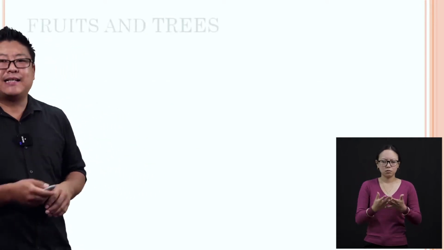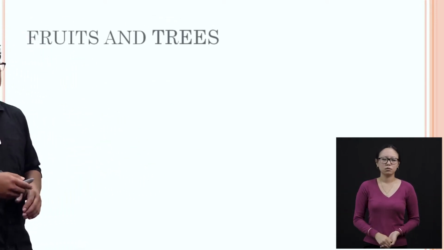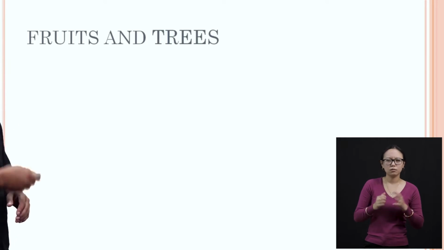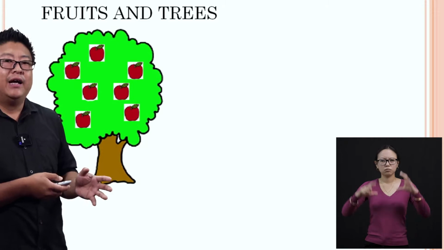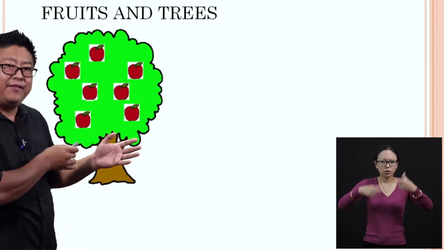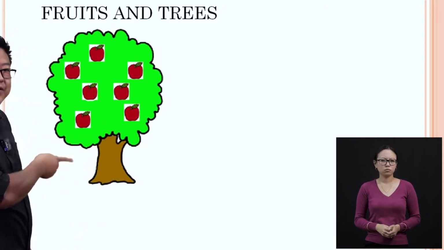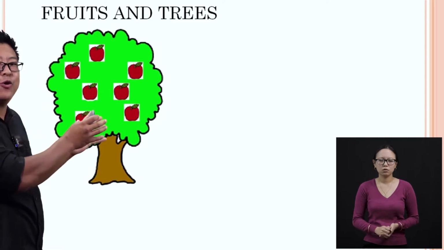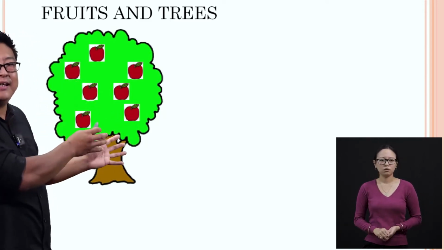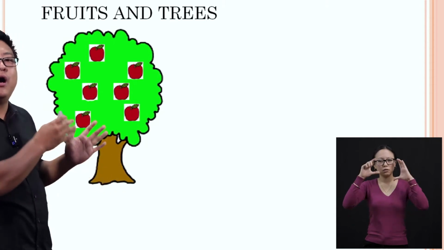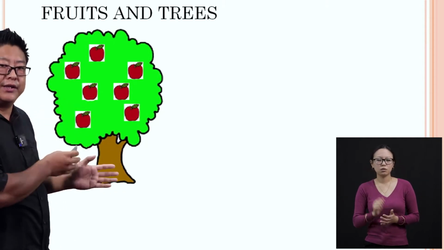Okay? So the first example that we're going to look at is fruits and trees. Now, let's look at this particular tree. Children, what do you see here? We see a tree and some apples growing on it, isn't it? So, we're going to use this particular picture to count the different objects here, all right?